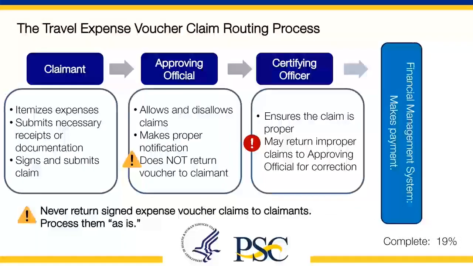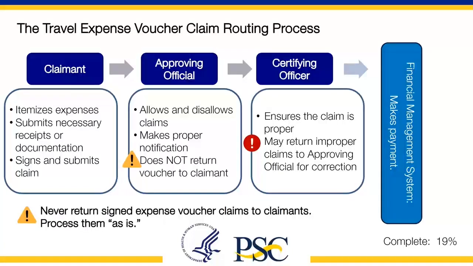The travel expense voucher claim routing process consists of: first, the claimant itemizes expenses, submits necessary receipts or documentation, signs and submits the claim. Next, the approving official allows and disallows claims, makes proper notification, and does not return the voucher to the claimant.